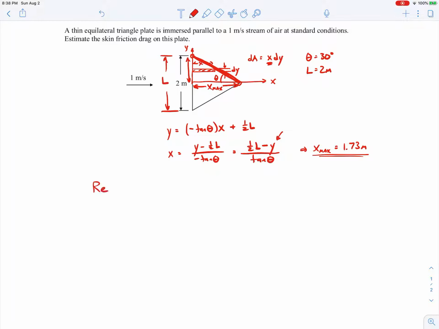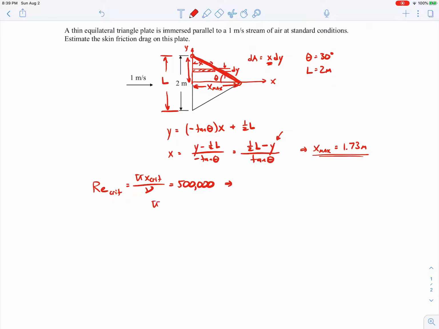So I'm going to calculate the Reynolds number, or rather, the distance at which the boundary layer goes from being laminar to turbulent. I'm going to call that critical distance x critical, and it'll be based on the Reynolds number equal to 500,000. We know that's the transition Reynolds number between laminar and turbulent flow.